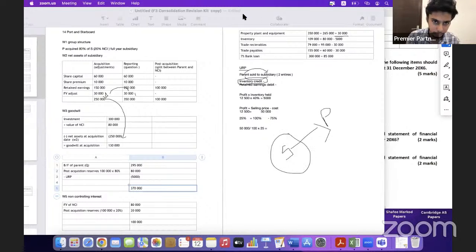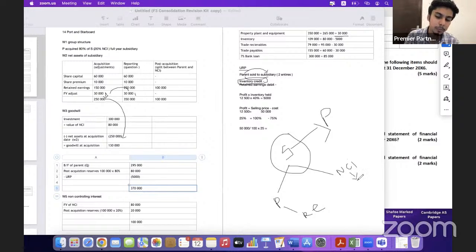The subsidiary. If the subsidiary sells to the parent, the subsidiary is making the profit, correct or wrong? If he makes a profit, he has to share it between the parent and NCI. Parent keeps his profits inside retained earnings.